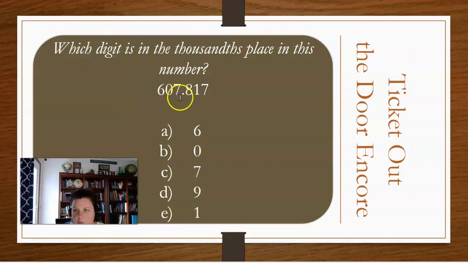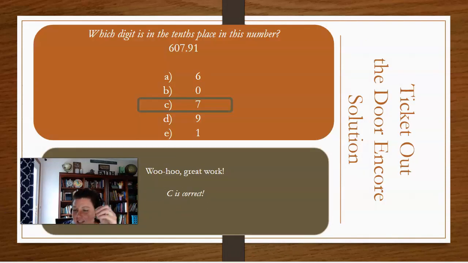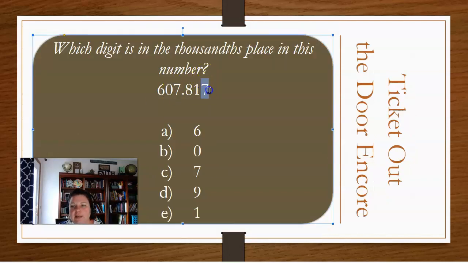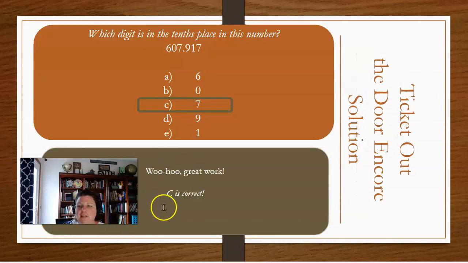Hold on. Which digit is in the thousandths place in this number? 607 and 817 thousandths. The actual correct number, after I went back and fixed it, is the 7. So the 7 here is in the thousandths place. The 8 is in the tenths. The 1 is in the hundredths. The 7 is in the thousandths place.